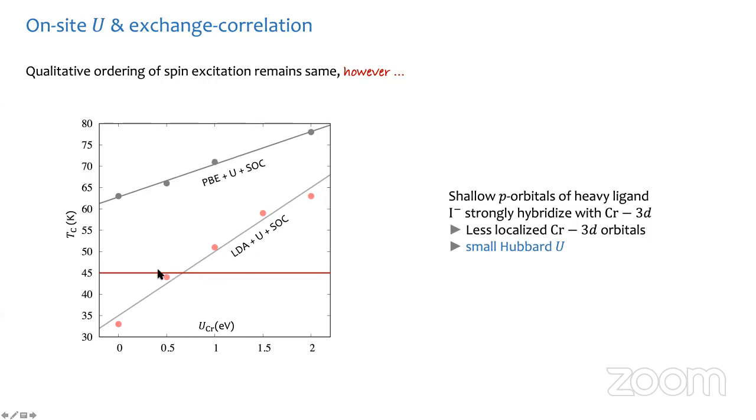And we believe that in this system the U value should be small, around 0.5 eV. And that is justified because, due to the shallow p orbital of the heavy ligand, your iodine strongly hybridizes with the 3d, so you don't need a much bigger U to localize your 3d any longer.